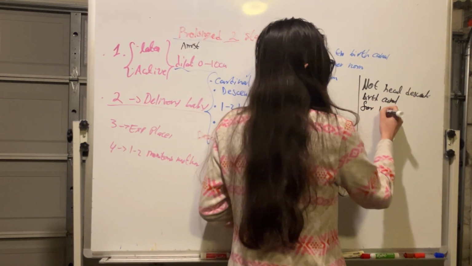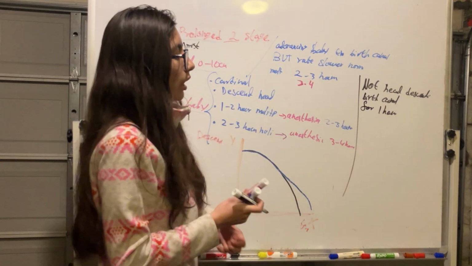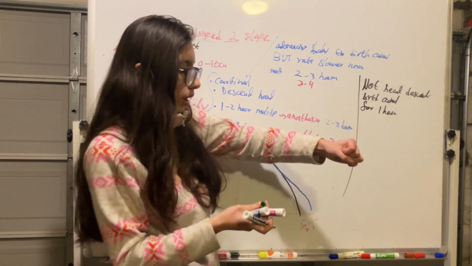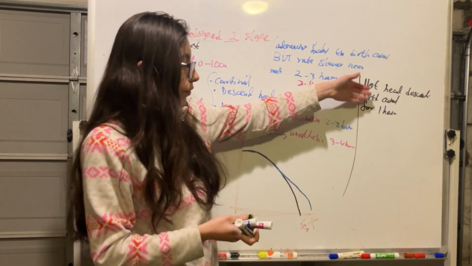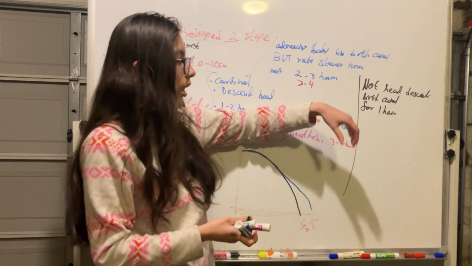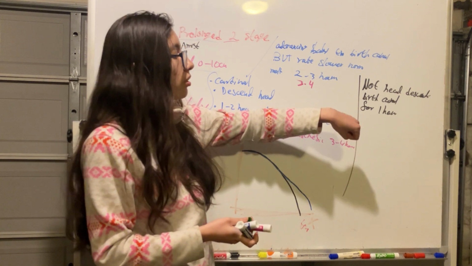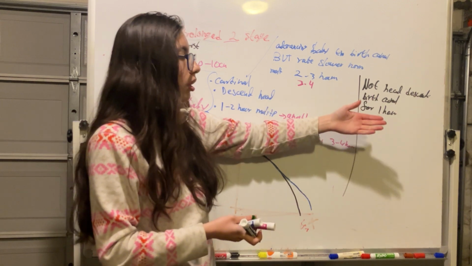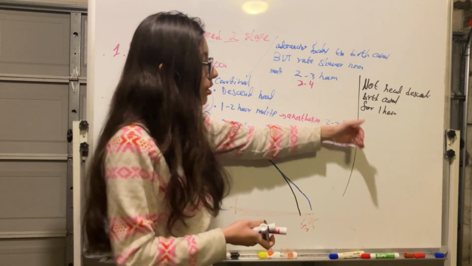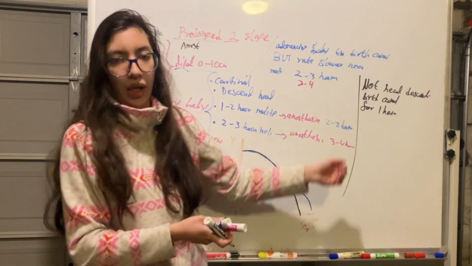So if for an hour the mother has been pushing, the head has not descended more than an hour previous. So if after an hour of the mother pushing, the head is still at the same station where it was an hour before, the head is not descending, and so this is an arrest of head descent, or this is an arrest of second stage.